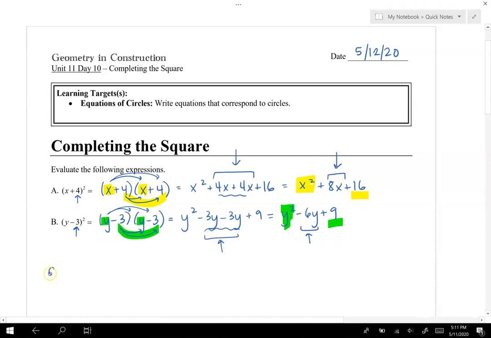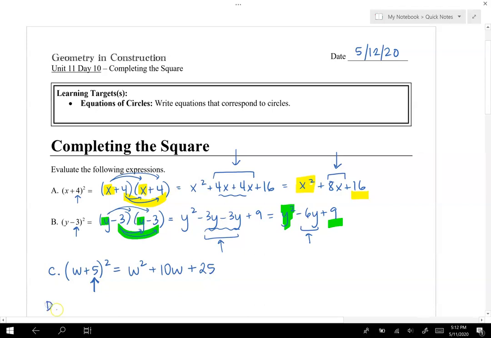So in Algebra 2 next year, when you see something like this, let's write w plus 5 squared, you might be able to just write out the pattern. You might say, okay, well, I know I have a w squared. All right, I know I need to double this 5 to get the middle term, so 10w. And then I square this 5 to get the last term. 5 squared is 25.